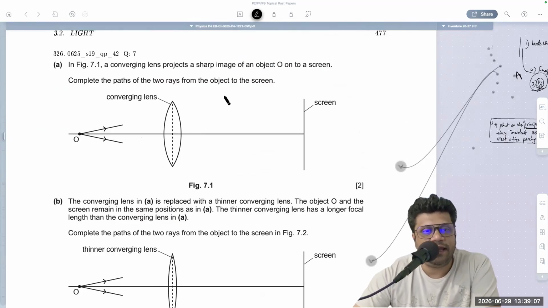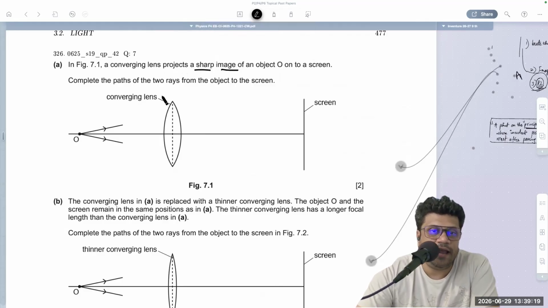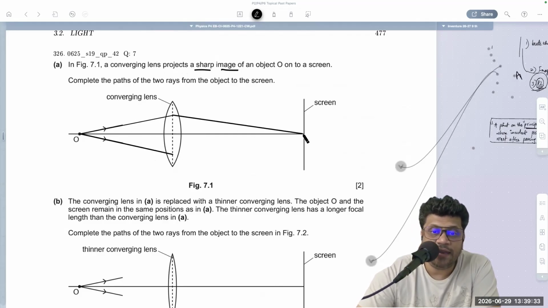Complete the path of the two rays from the object to the screen. The figure shows a converging lens producing a sharp image of an object on the screen. If a sharp image is being created on the screen, the rays coming from the object must meet right at the screen.